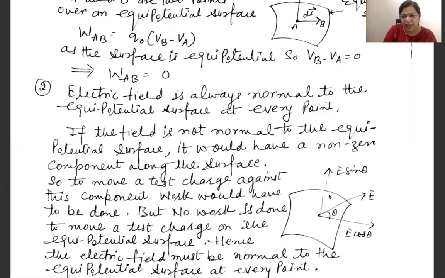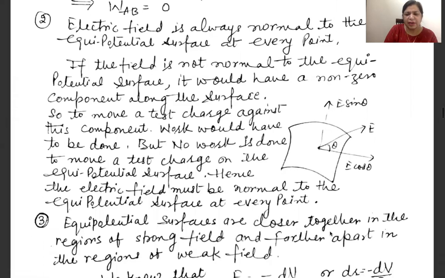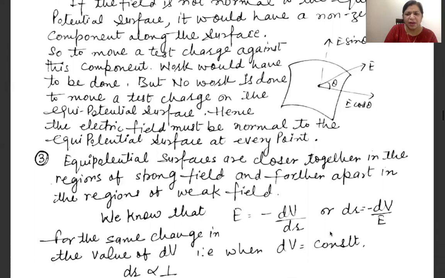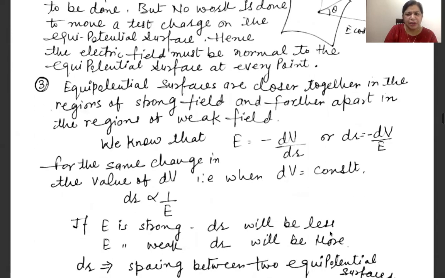So E sin theta is the normal component, but E cos theta is a component along the surface, and because of this there should be some non-zero work. But according to the definition, work done is zero. So there is no such component in the case of the electric field. So it is always normal to the equipotential surface.